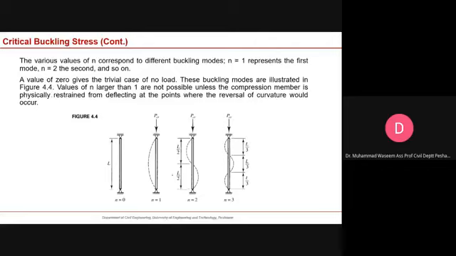Now this has been explained on this slide. If the n value is 0, there is no buckling, and the critical load will be 0. If it is 1, there will be a buckling load. Accordingly you can see the different buckling modes that can occur in a compression member.